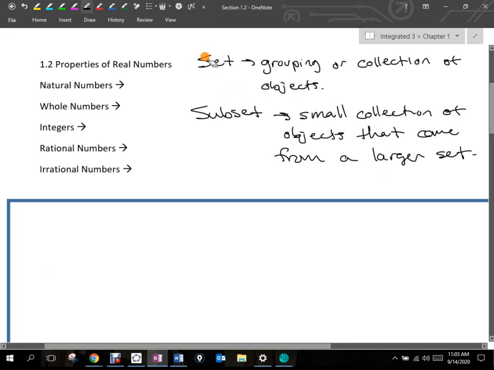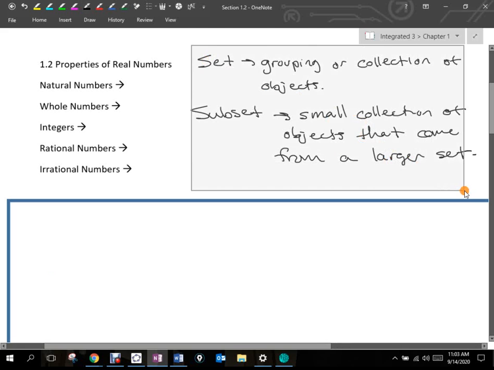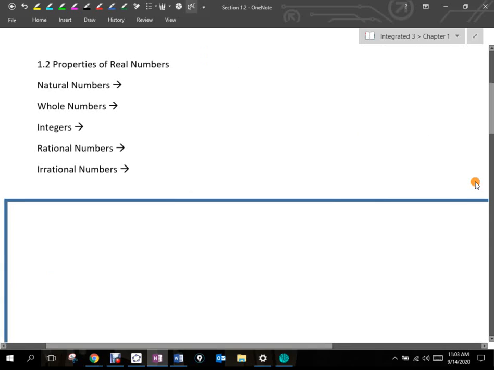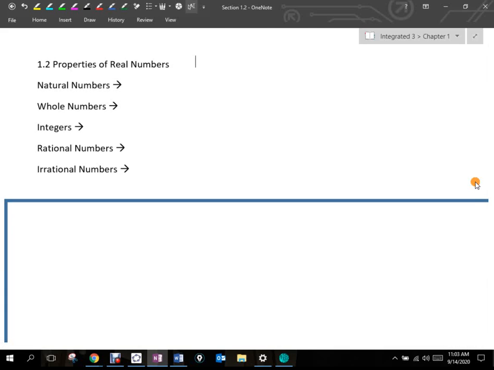It's going to be very important because a lot of our rules later on will incorporate these sets. They'll say that this rule only works for integers, or only works for irrational numbers, or only works for natural numbers, or that a variable is only allowed to be a natural number.